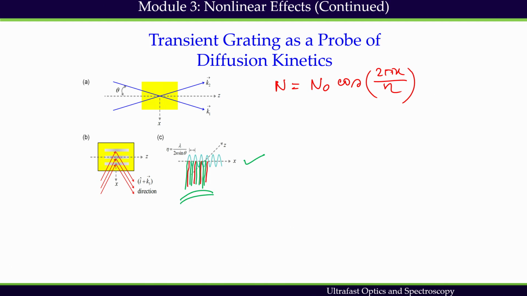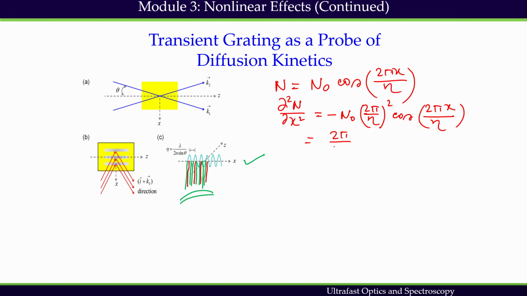And if we take the second derivative with respect to x, d2n dx2 equals minus n naught (2 pi by eta) whole square cos 2 pi x by eta, which is nothing but minus (2 pi by eta) whole square multiplied by n.